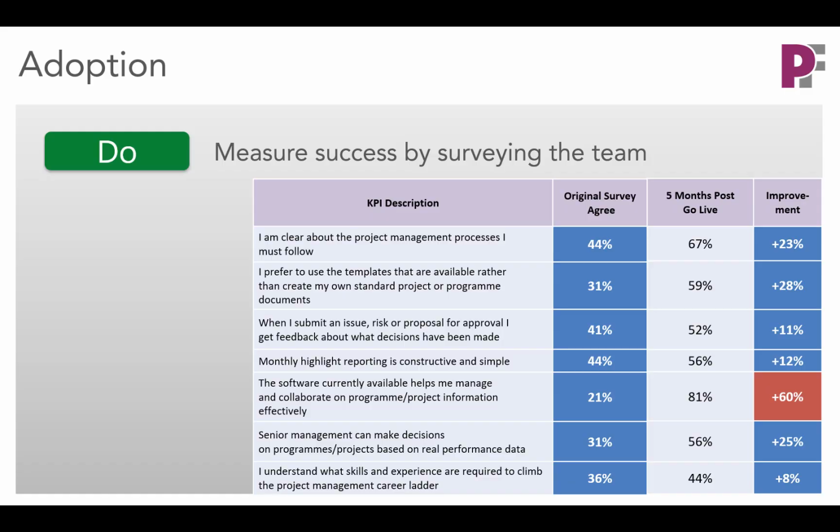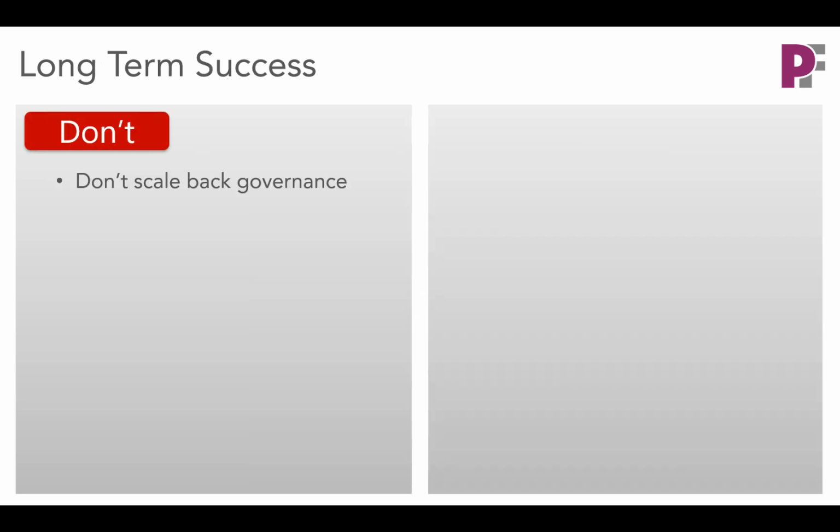So how do we now ensure that our success is for the long term? My key tip here is to never scale back governance. Now that the tool is deployed, your work really starts. You need to continue to make sure that this tool does its job. Don't consider a headcount reduction in your PMO as a key outcome.